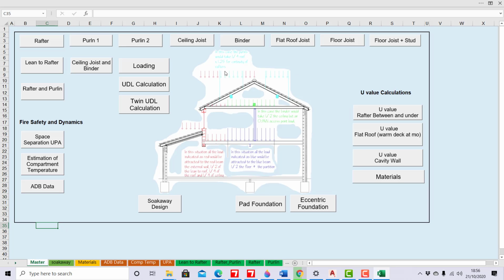Now we're going to be dealing with the loading program, which is this one here, and then that goes into that one, so it works out the loads of all of the various components: the roof, the ceiling, internal walls, floors, cavity walls, lean-to roofs, all of that malarkey.